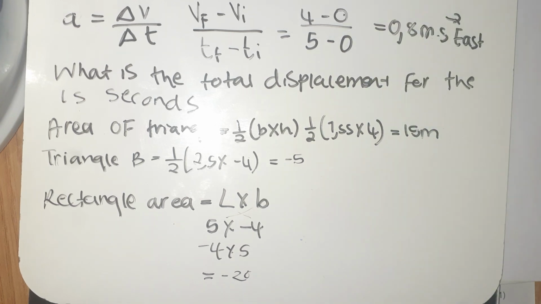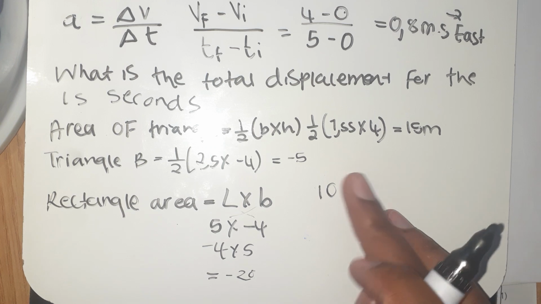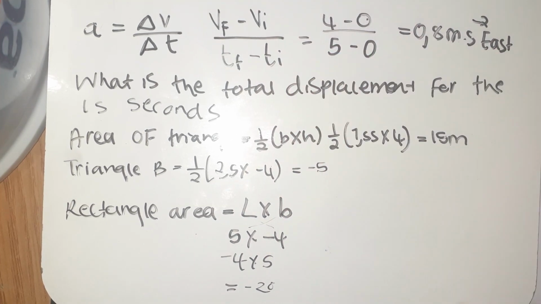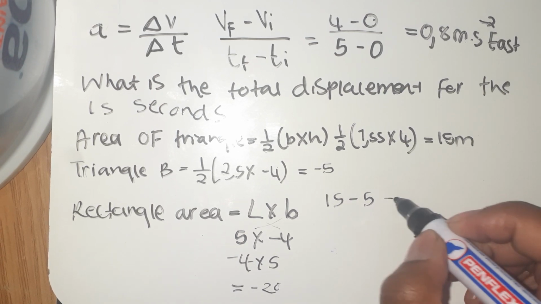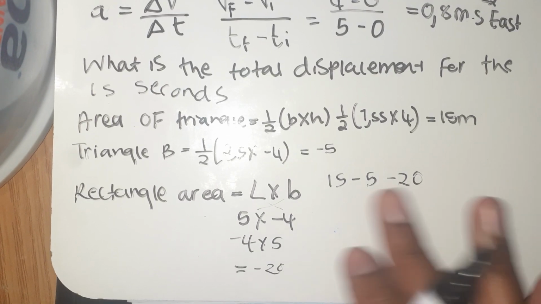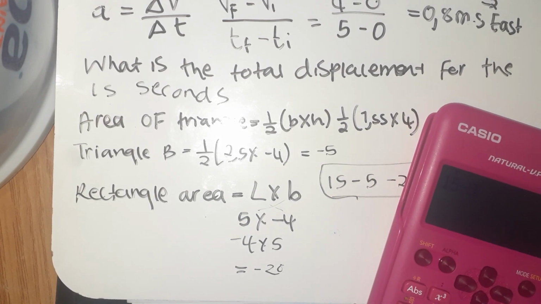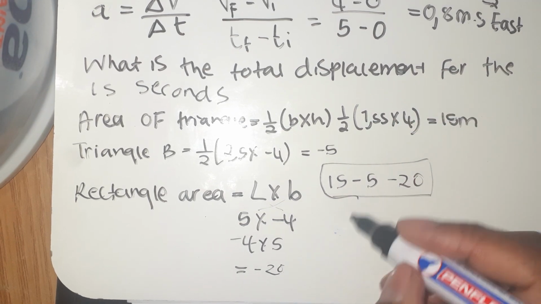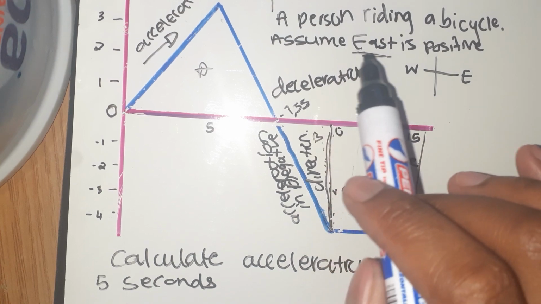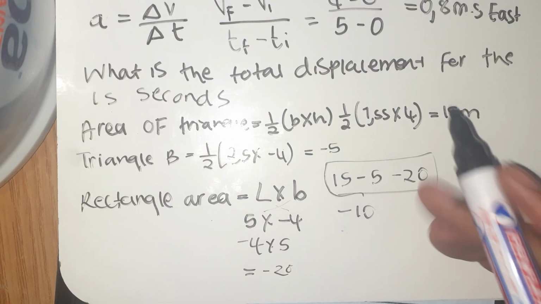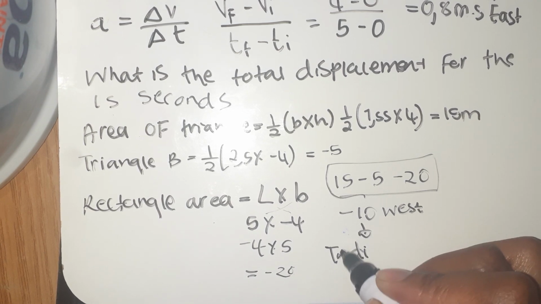But when they want the displacement, the answer will be 15 minus 5 minus 20 to get the total displacement. So 15 minus 5 minus 20 will give us -10. Because east is positive, we'll get -10, which is 10 west, and this will be the total displacement.